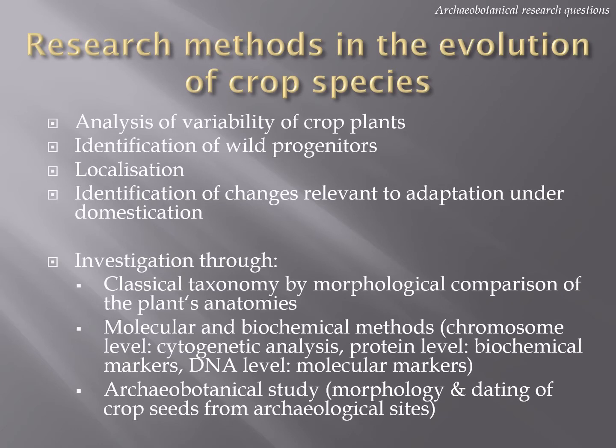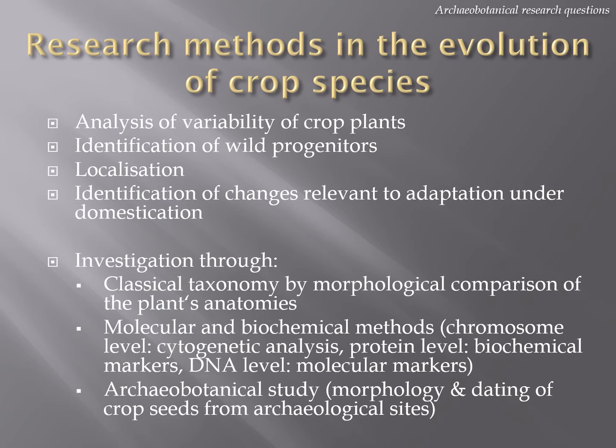The four main aspects to approach the question of the evolution of crop species were the analysis of variability of crop plants, the identification of wild progenitors, their localization, and the identification of changes relevant to adaptation under domestication.